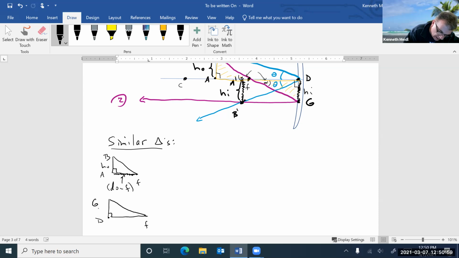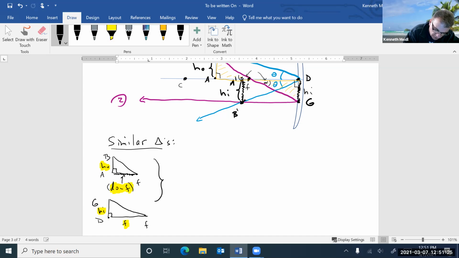And so this is the height of the image in that triangle, and it's got the focal distance in it. Okay, so I've got those two triangles that are similar to each other. So I should be able to say something like this piece, HO, is to that piece, HI, as this piece, DO minus F, is to F. And so I think that's exactly what I'm going to say.